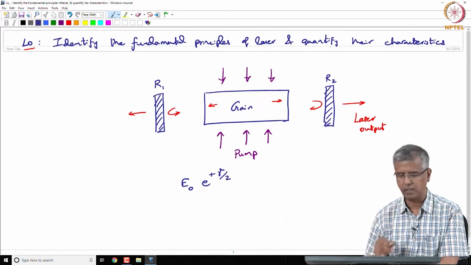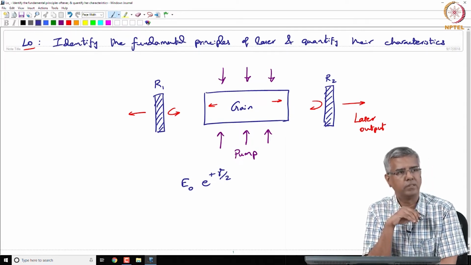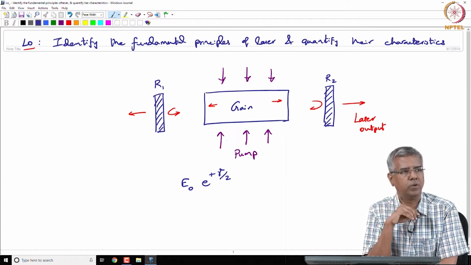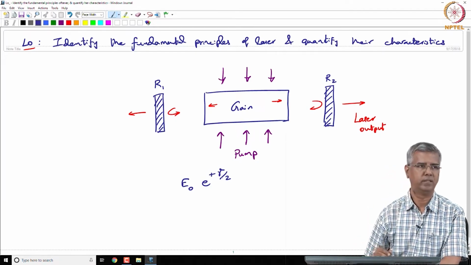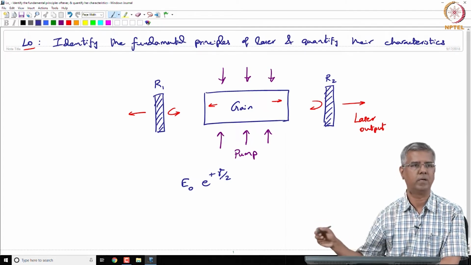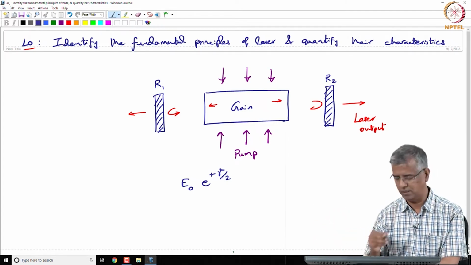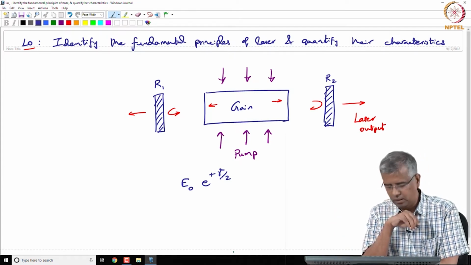Since we are dealing with fields instead of power values, the actual gain that you get is gamma by 2. If I was tracking power, I would basically say P naught times e power gamma times the length. But since I am tracking the field, I am writing it down as gamma by 2.